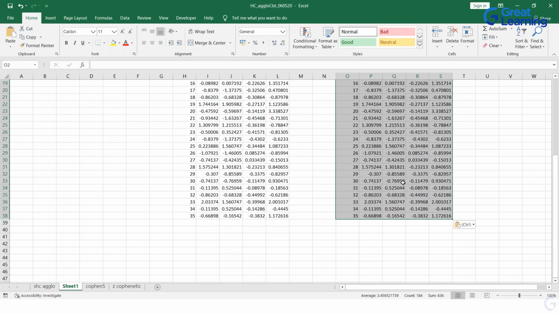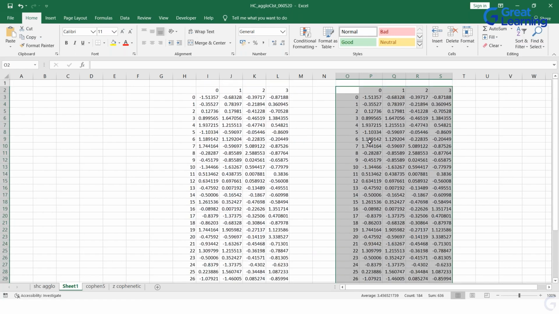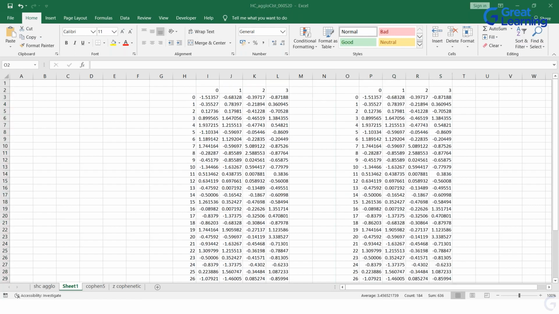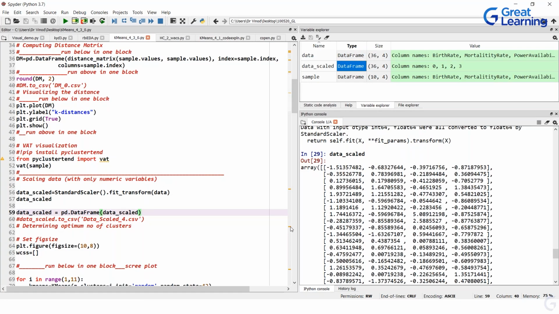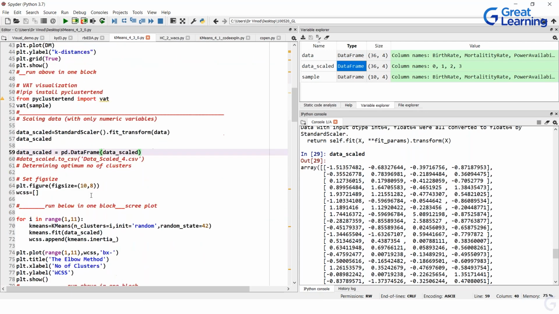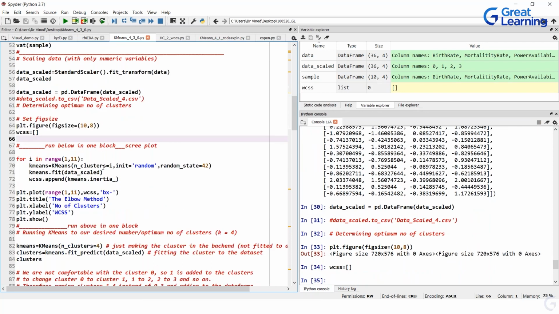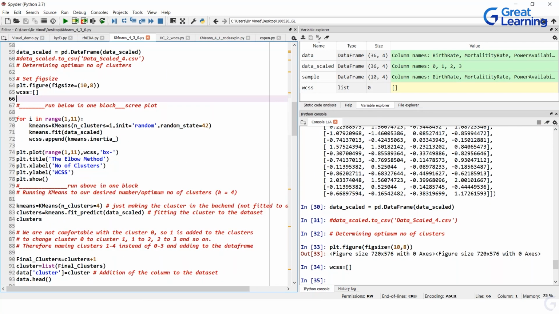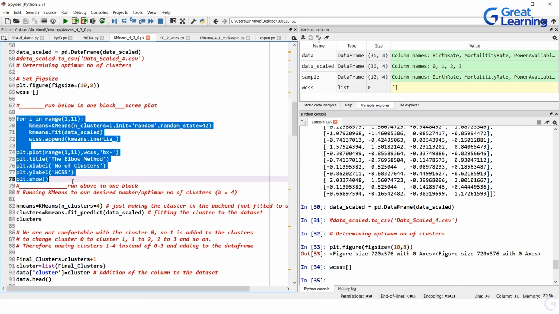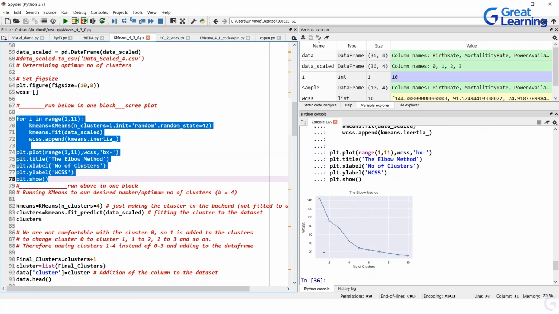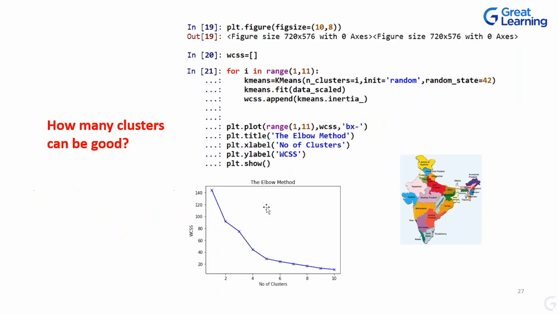And then I can build my deeper understanding about this set of numbers. So we had done this, and then I'm going to plot, which will give me an indication how many will be suitable. So here is the diagram, and this diagram is called scree plot.